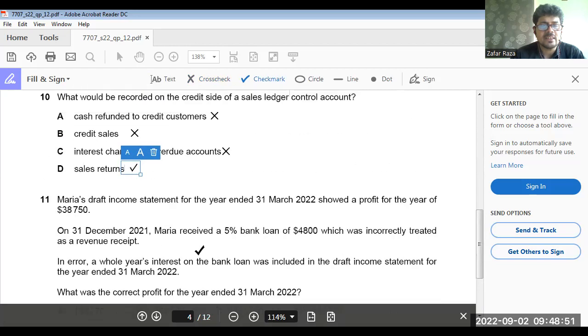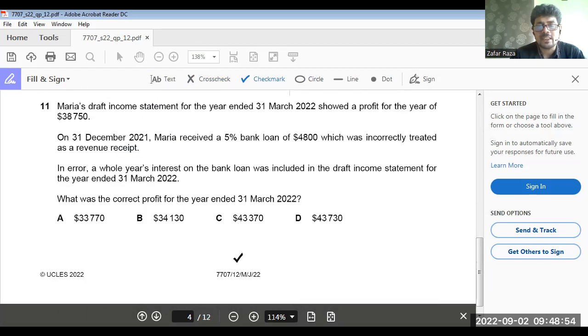Maria's draft income statement for the year ended 31st March 2022 showed a profit for the year of 38,750. Okay. On December 31st, Maria received a 5% bank loan of 4,800, which was incorrectly treated as revenue receipt. So that is going to be removed from the profit along with the interest. Because when you included it in your revenue account, it means you have not calculated the interest on the loan.